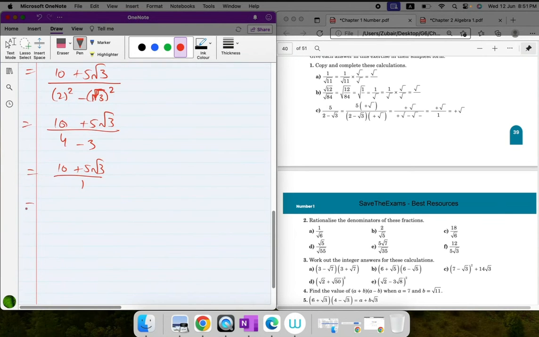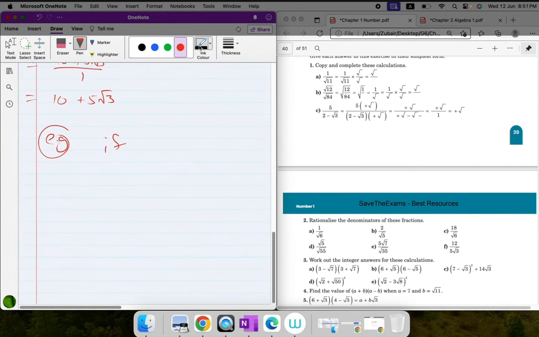And the final answer is 10 plus 5 square root 3. Consider an example: if we had got 10 plus 5 square root 3 divided by 3, we could write 10 by 3 plus 5 by 3 square root 3. We can also split them.